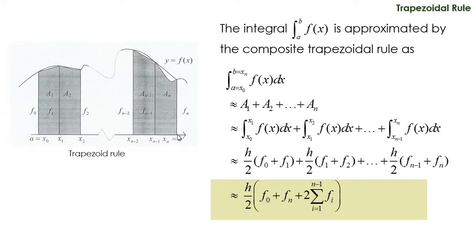So xn is the final one, x naught is our first point. Here we have declared A is equal to x naught. In our integral here, this is our final value and this is our start value. So A is our start, B is our final value. Before that, you need to find the h value.